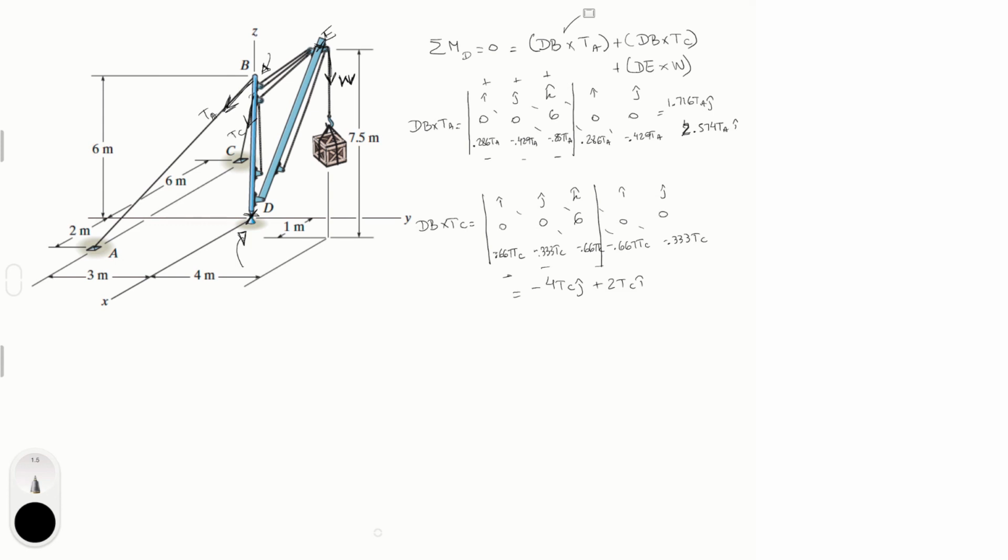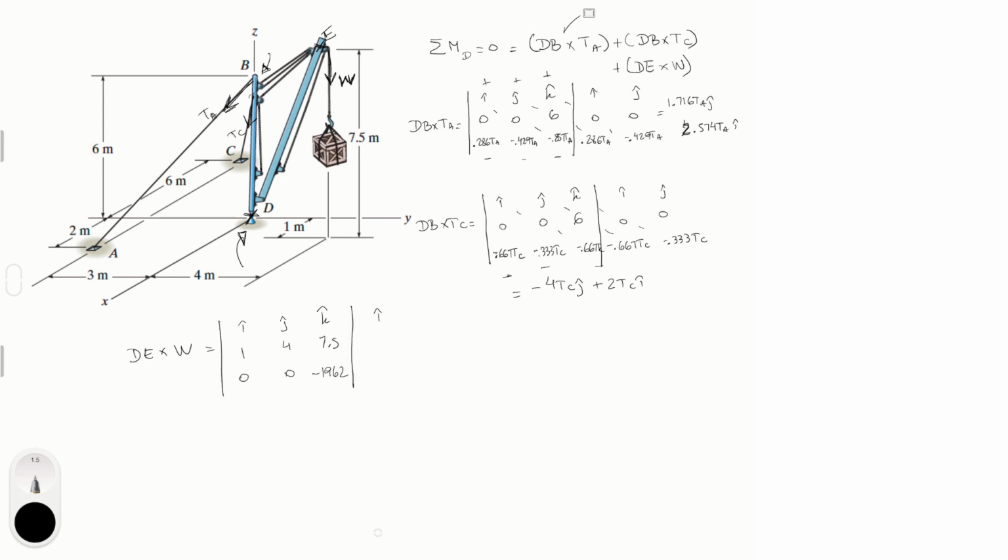So we have the second matrix solved, and the last matrix is dE cross W. IJK. You know that from D to E is slightly different. It's 1, 4, and 7.5. And then the weight is 0, 0, and it's going straight down at negative 1962.